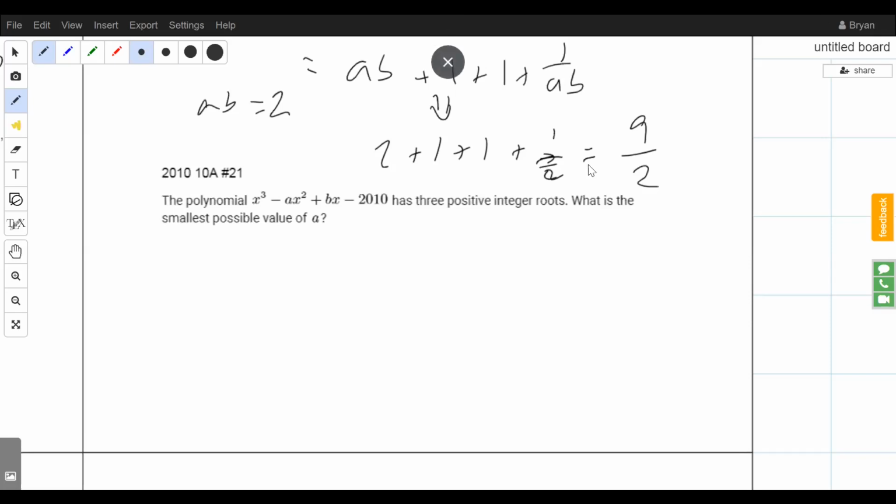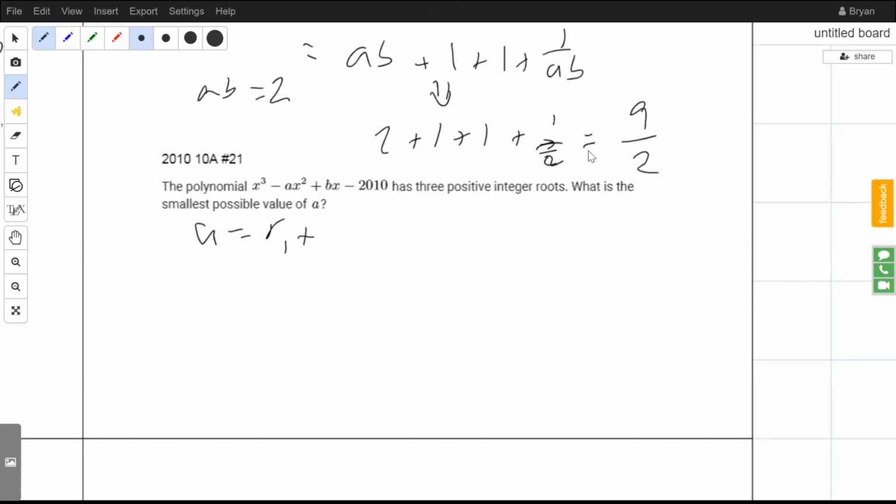Suggestion: we know that the sum of the roots is a, and that's right because negative a over 1 is equal to the sum of the roots. So we have a equals r1 plus r2 plus r3. And what else do we know? We also know that 2010 is equal to r1 times r2 times r3.